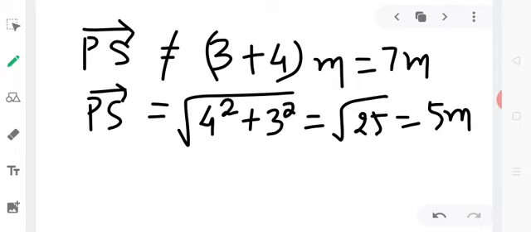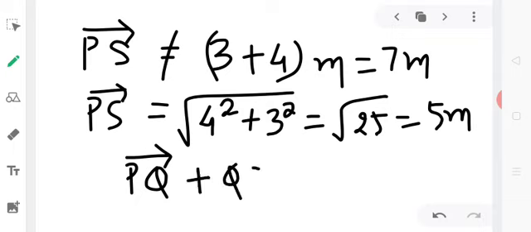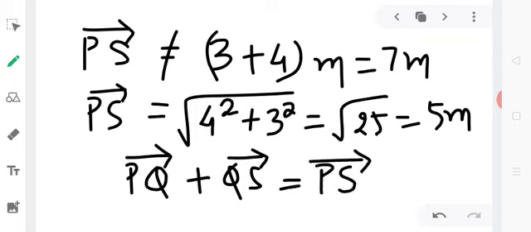That is, we can write down vector PQ plus vector QS is equal to vector PS, isn't it?